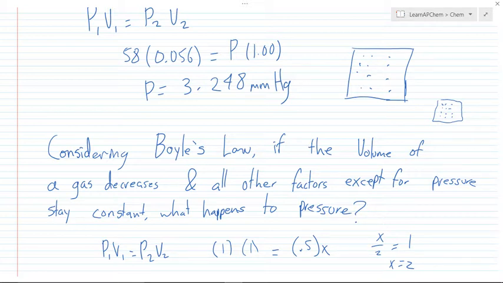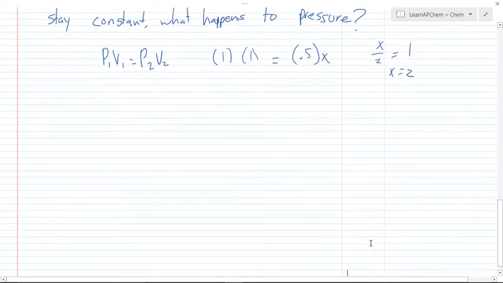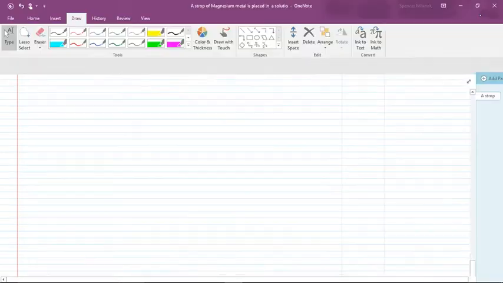It's not moving at a faster rate, but since our volume is decreasing, it's hitting things more frequently at that same rate. Temperature we're assuming is constant, so the rate of motion of our gas is staying constant. The only reason that pressure is going up is that we have a smaller box, so we have more collisions. Yeah, glad I could help.